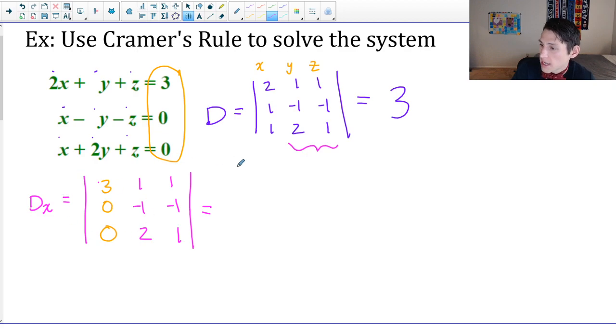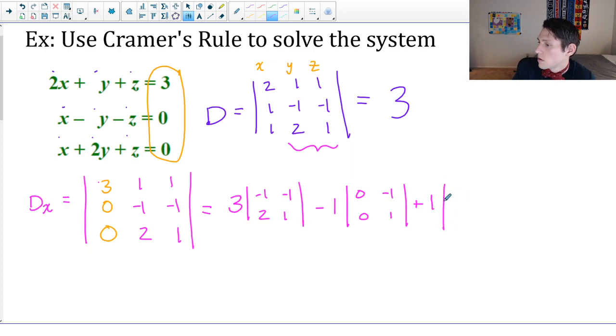All right, and now it's just calculating the determinant. We can do that. That's just using our formula for determinant, right? Doing the thing where we cross out, imagine you get rid of the row and the column, what 4 numbers are left, that's what goes inside of those 2 by 2 determinants.